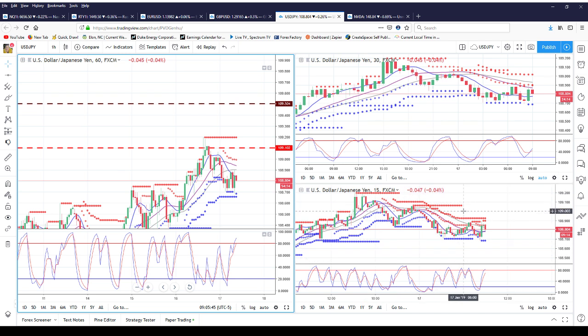Now, could you zero that in more down here on the 15-minute chart? You could. I still think you're going to have to be at least at 109. If you're using the 15-minute chart, if you're using the 30, you're still going to be at 109.10.